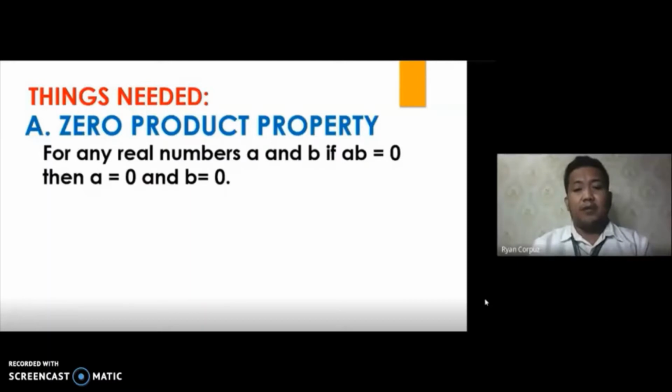So zero product property only means that if you have factors and it is equated to 0, you can equate both factors to 0 with the application of the zero product property. That's one thing that will help us solve the equation by factoring.